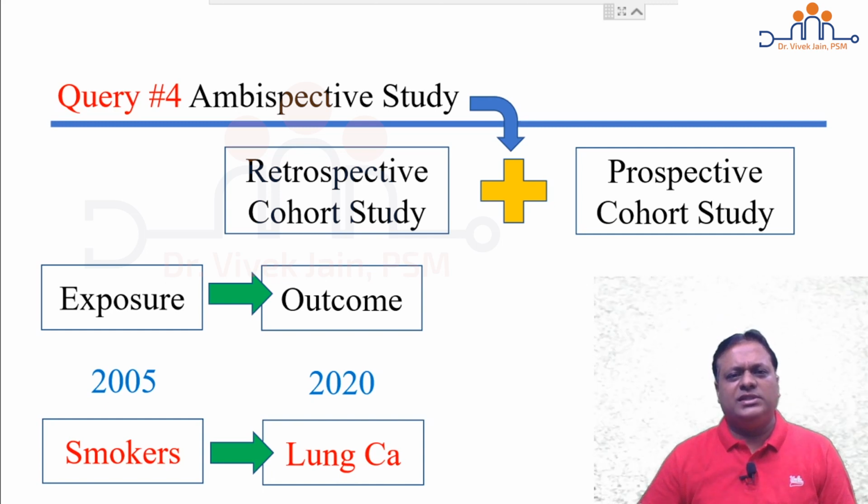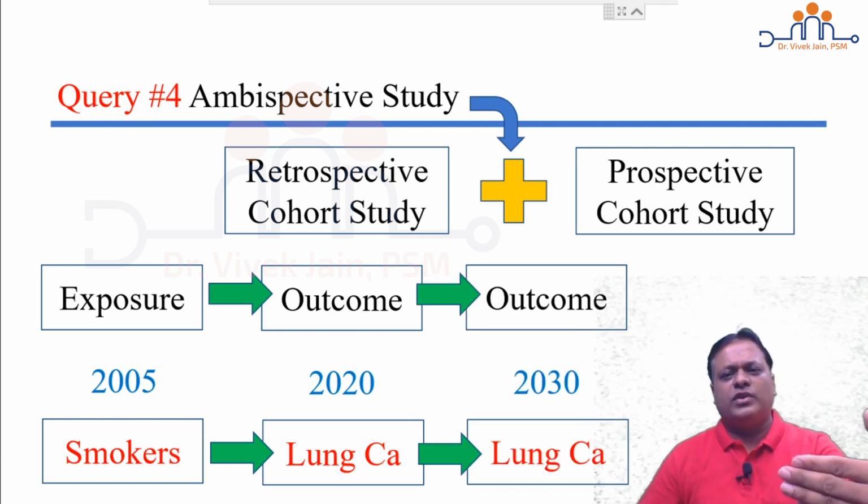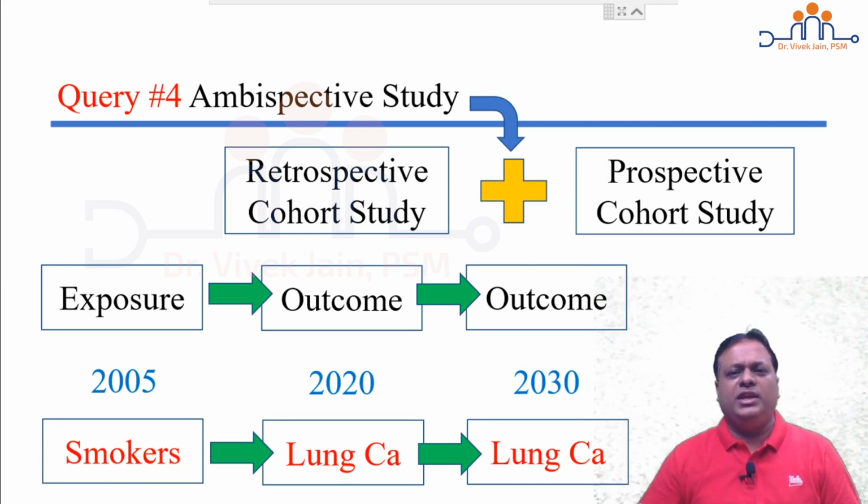Now suppose another investigator comes and says you're already having data of exposure and outcome from 2005 to 2020 through a retrospective cohort study. Give me that data. I will take your study forward for another 10 or 15 years to see further change in outcome. Will lung cancer remain the same or will it increase further?